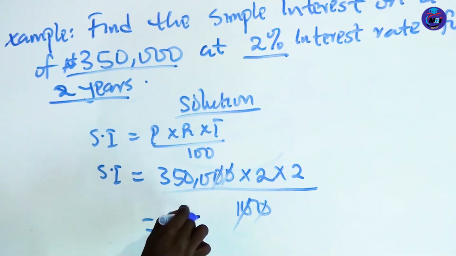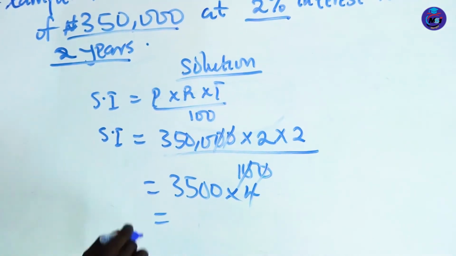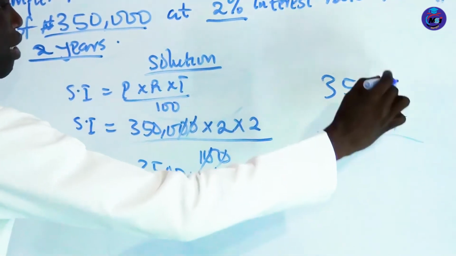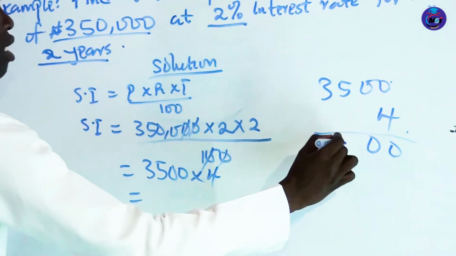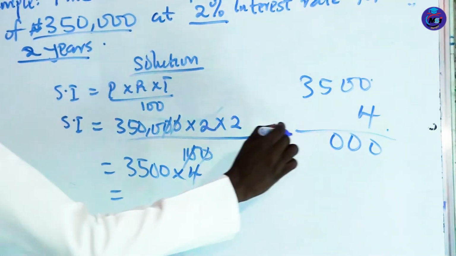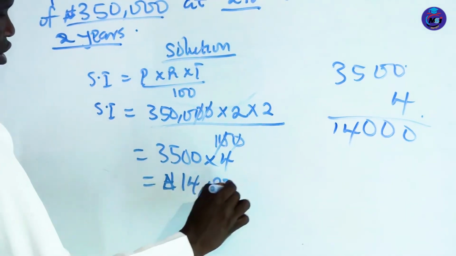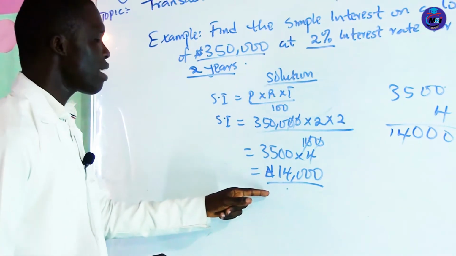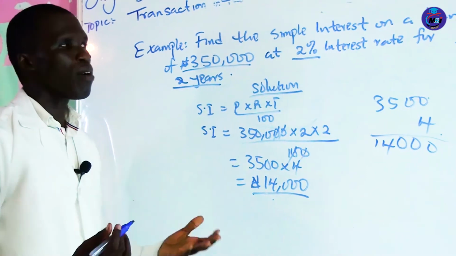You have 3, 5, 0, 0. 2 times 2, 4. This will give us 3, 5, 0, 0 times 4. 4 times 0 is 0. 4 times 0 is 0. 4 times 5, 20, you write 0, carry 2. 4 times 3, 12, plus 2, 14. So you have 14,000. So at the end of 2 years, 14,000 will be the interest on 350,000. I hope you get that.